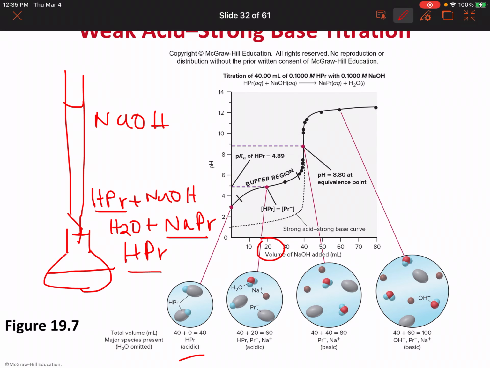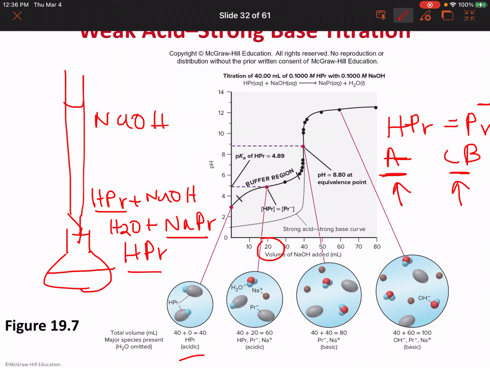So at that time, the amount of HPr equals the amount of Pr minus, propionate. So this is your acid and this is your conjugate base, right? When you have an acid and a conjugate base, sodium propionate, what do we have created at that time? We have created a buffer. Remember, we talked about buffers and we learned about buffers. Buffers are made from an acid and its conjugate base.